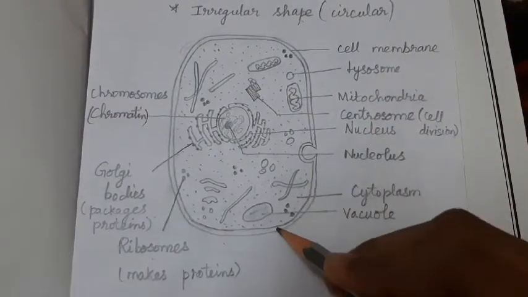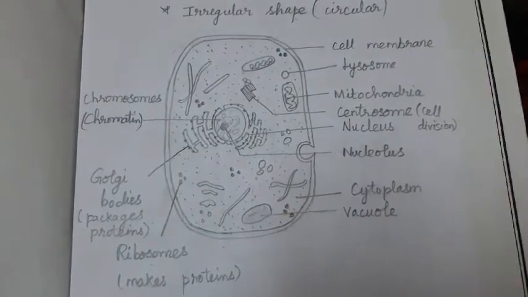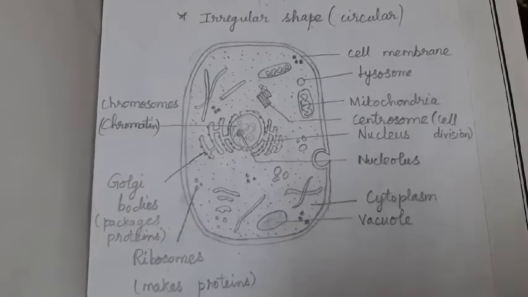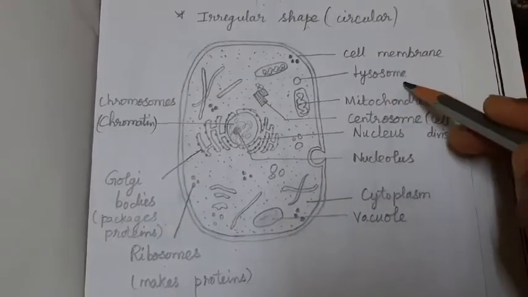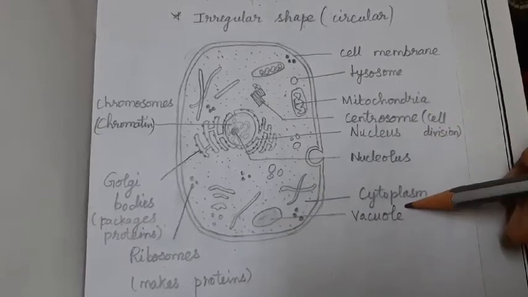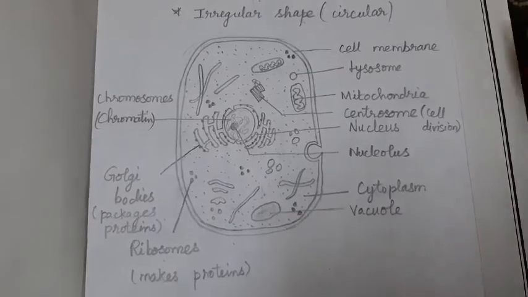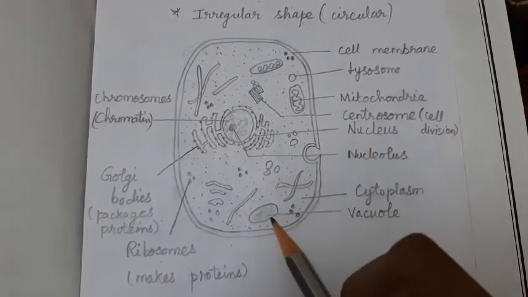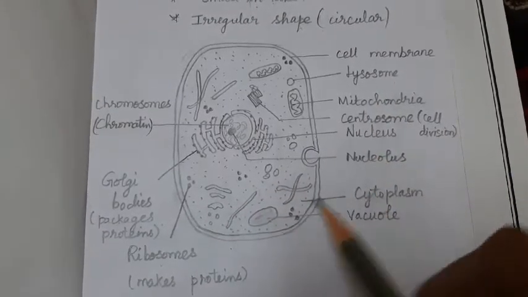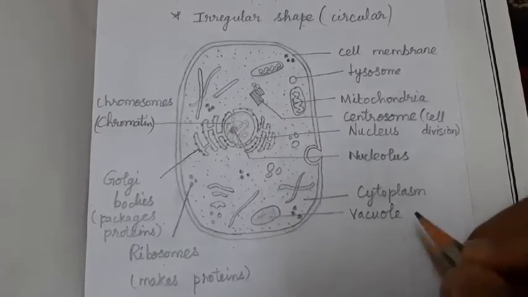If you see here, you have most of the organelles similar to that of the plant cell, right? You have the cell membrane, lysosome, mitochondria, nucleus, cytoplasm, and the vacuole. So, as we saw already the functions of these cell organelles in the plant cell, it would be easy for you to understand now.